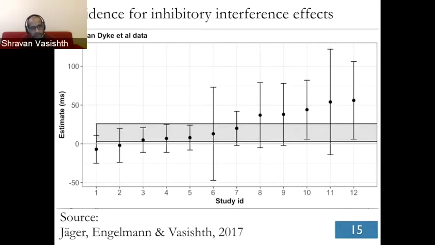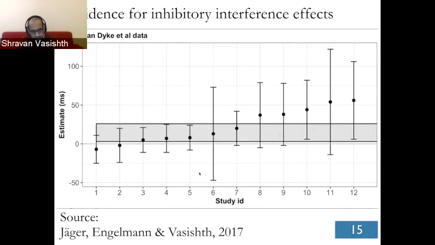What I'm showing you here are results from 12 experiments from the work of Julie Van Dyke, who was also Rick Lewis's student. Julie and I were students around the same time of Rick Lewis when he was at Ohio State. Over the last 20 years, Julie has been assiduously pursuing this question of the evidence for inhibitory interference, and she has published a lot of papers showing what the evidence looks like.